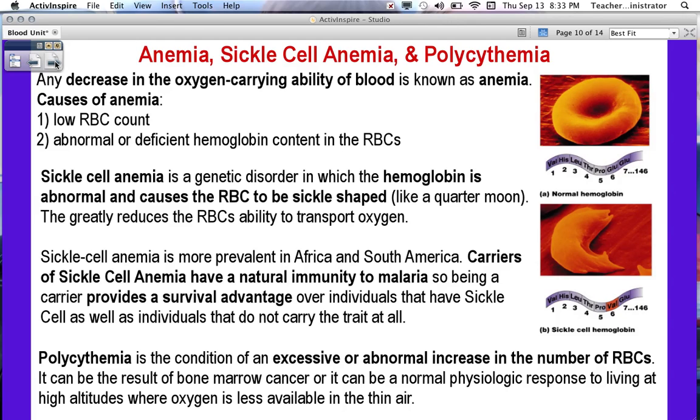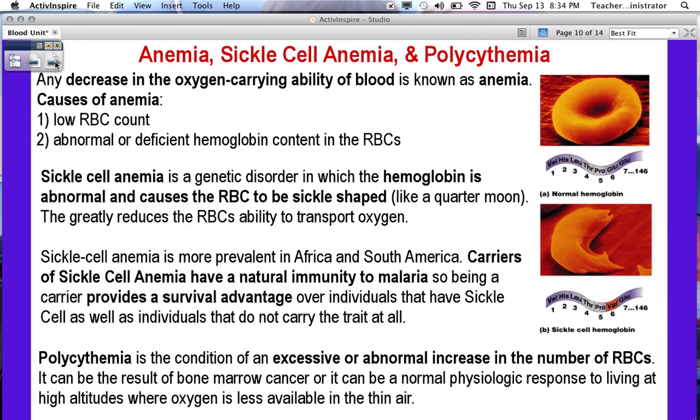Two of the main causes of anemia, one is that you simply are low in your number of red blood cells. So you have a low, what we call RBC count, or red blood cell count. Another cause of anemia could be that your hemoglobin is deficient, meaning low in amount, or it's even abnormal. And so that's going to affect, again, the ability of the red blood cells to carry oxygen.